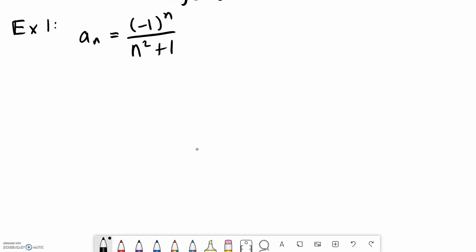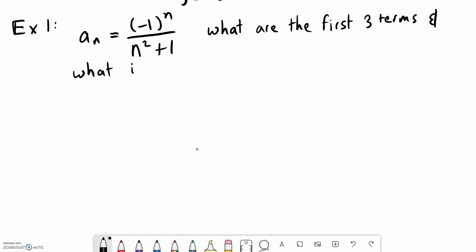And what I will be asking for is, what are the first three terms, and what is the 100th term? The 100th term. Right, so I'll write the solution in purple.